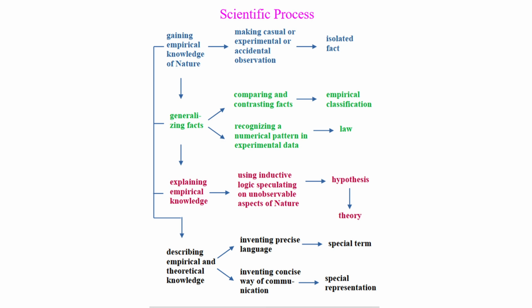The isolated fact may be qualitative, such as hydrogen and oxygen combine together and produce water, or quantitative, such as 2.016 gram hydrogen combines with 16.00 gram oxygen and produces 18.016 gram water.